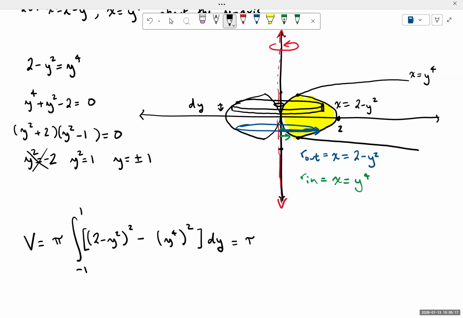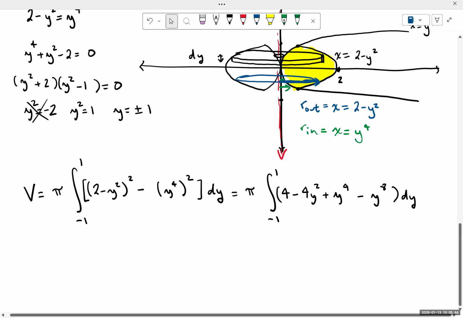It'll end up being the same thing. I just happen to do it this way. So I'm just going to keep on going. Square this guy, it's going to be 4 minus 4y squared plus y to the fourth, and then minus y to the 8th. So this gives me this.